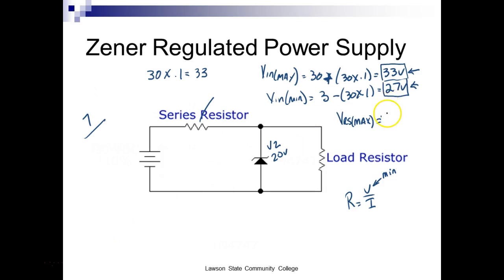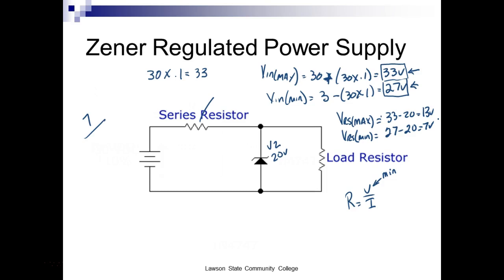It's going to be equal to 33 volts minus 20 volts. So what's the maximum voltage VRS is going to have to drop? 13 volts. The minimum voltage VRS is going to have to drop, VRS minimum, is going to be equal to 27 minus 20. So what's that going to be? 7 volts. So we went ahead and got that out of the way.